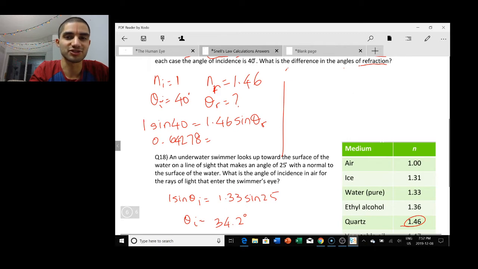Then I have to isolate for theta r. So first I'm going to move the 1.46. This is key. A lot of people, or at least I noticed some people, move the sine before they move the 1.46. You always have to leave the sine moving until the end. So you move the 1.46 first.